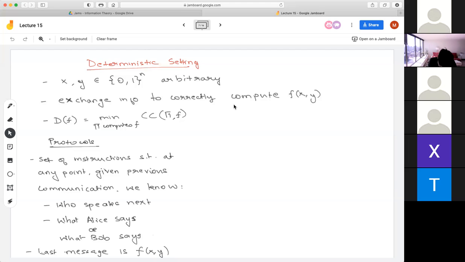We will define pi as a protocol, and when we say pi computes f, we sometimes also write the notation pi of x, y, which is whatever pi computes on these inputs. We'll see what it means to say pi computes something. Another way of writing this is pi of x, y is equal to f of x, y for all x, y.